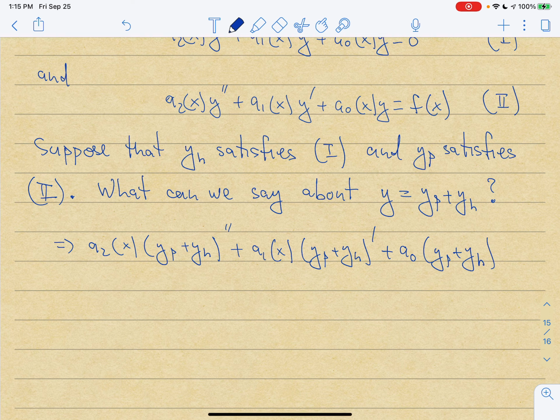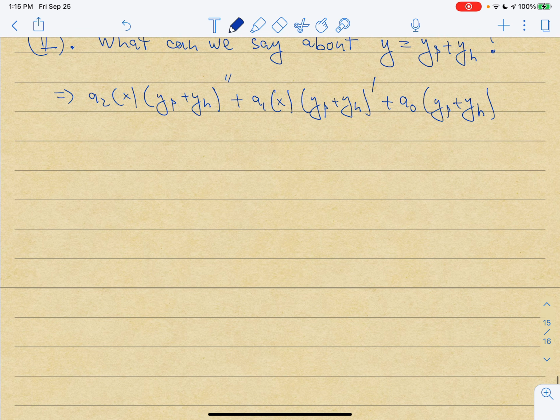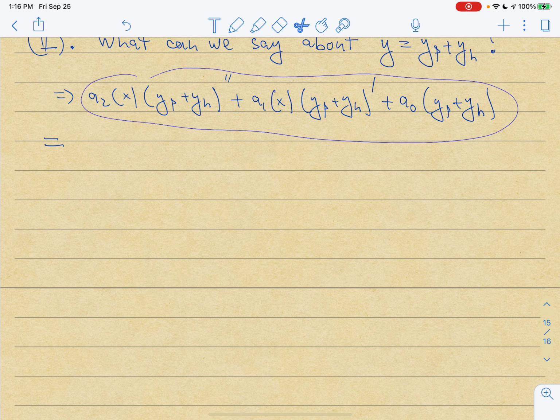I want to understand if I can equate this to anything. Well, in this case, because taking derivatives is a linear operation, derivative of yp plus yh is derivative of yp plus derivative of yh, likewise for the second derivative. So I can rewrite my expression as follows.